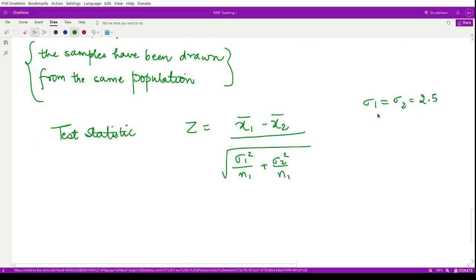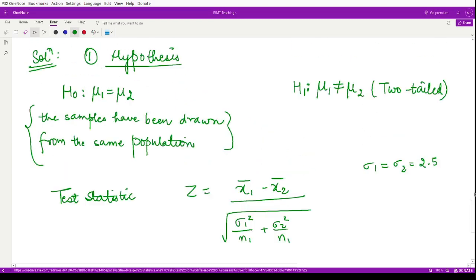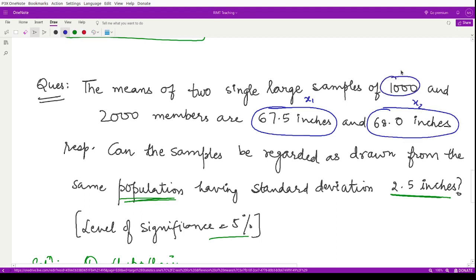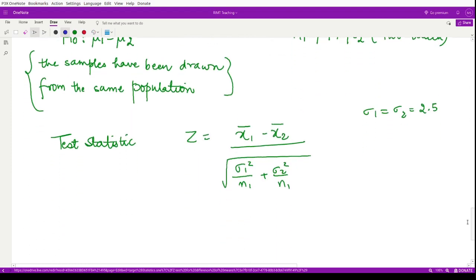And what are x1 and x2? In the question, your x1 and x2 are given, and 1000 is the size of sample 1, 2000 is the size of the second sample. So you have all the parameters now.